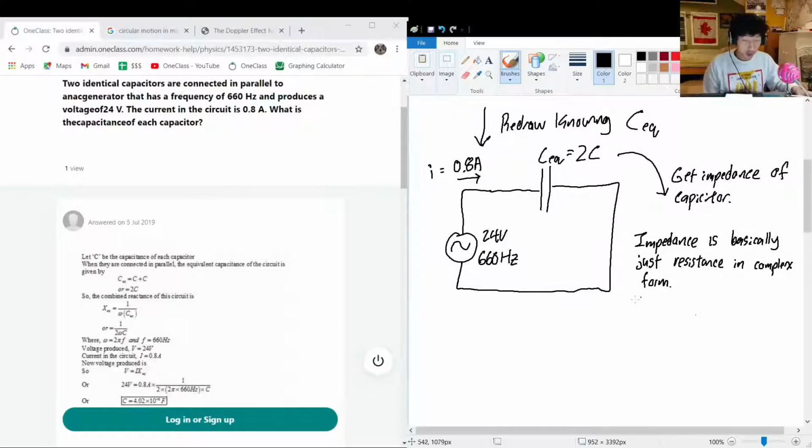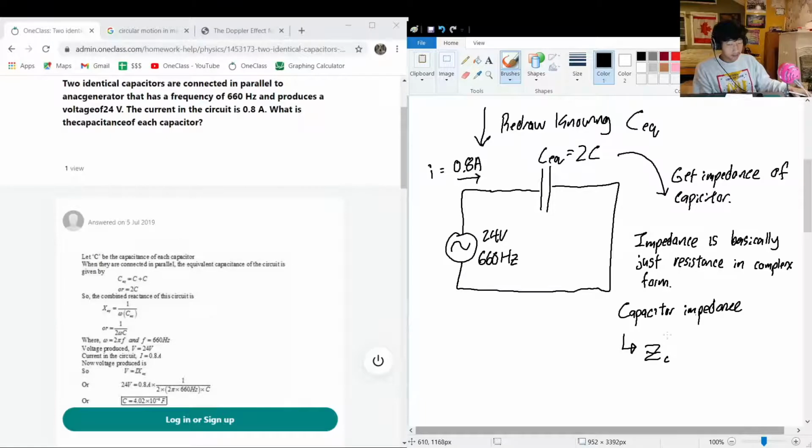Okay, cool. So we know that the impedance of a capacitor looks like this. So Z, we use Z or Z. In Canada, we say Z for the last letter of the alphabet. But ZC, or the impedance, represents impedance.